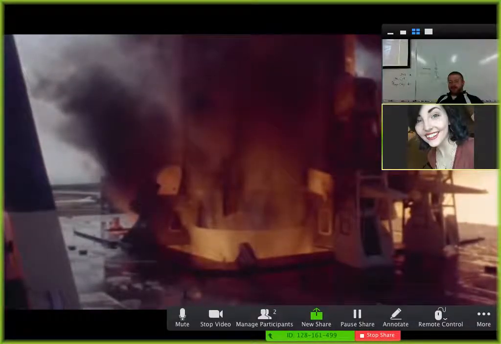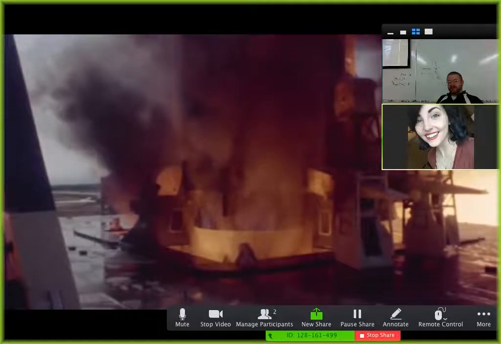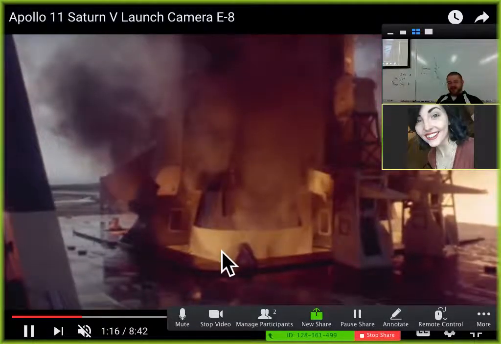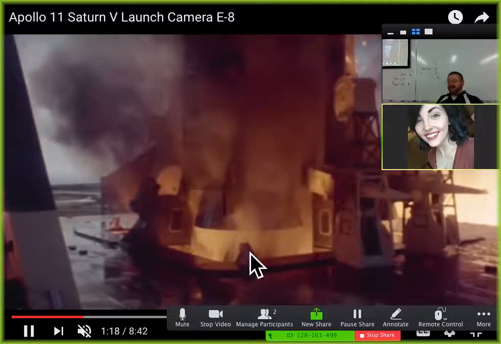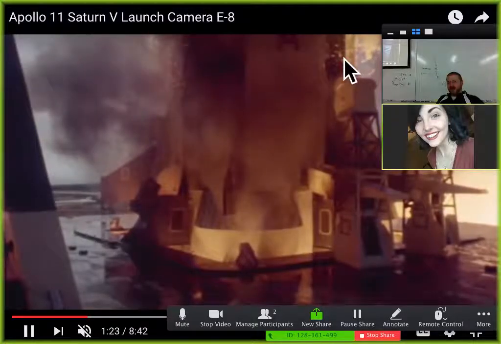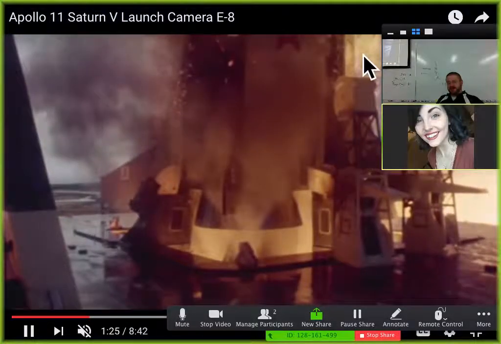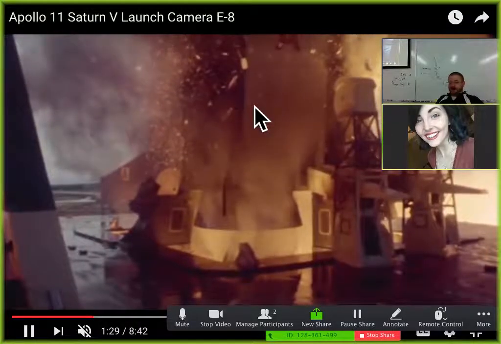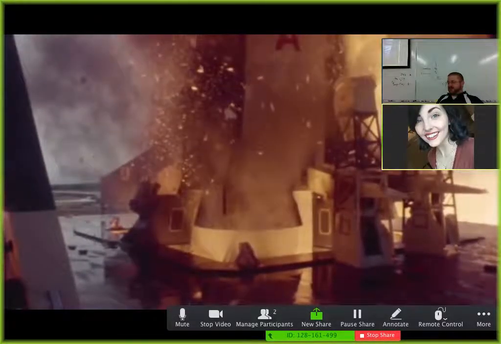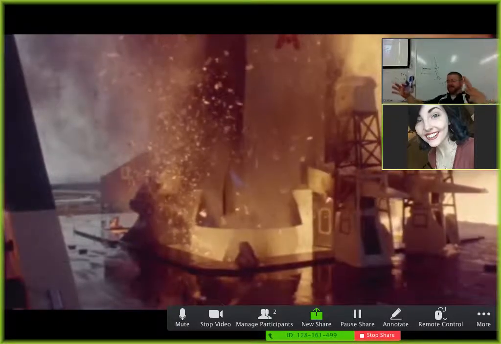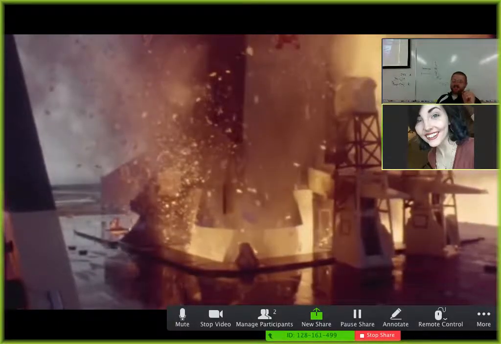Now, another really interesting thing about these is if you're looking closely, you see things falling off of this. What's falling off of it? Ice. Yeah, it's actually ice, because the tank is full of liquid oxygen. You see ice coming down up here too. The liquid oxygen is like 200 degrees below zero, and so the water in the air in Florida would just condense on the side of the rocket in inches of ice.